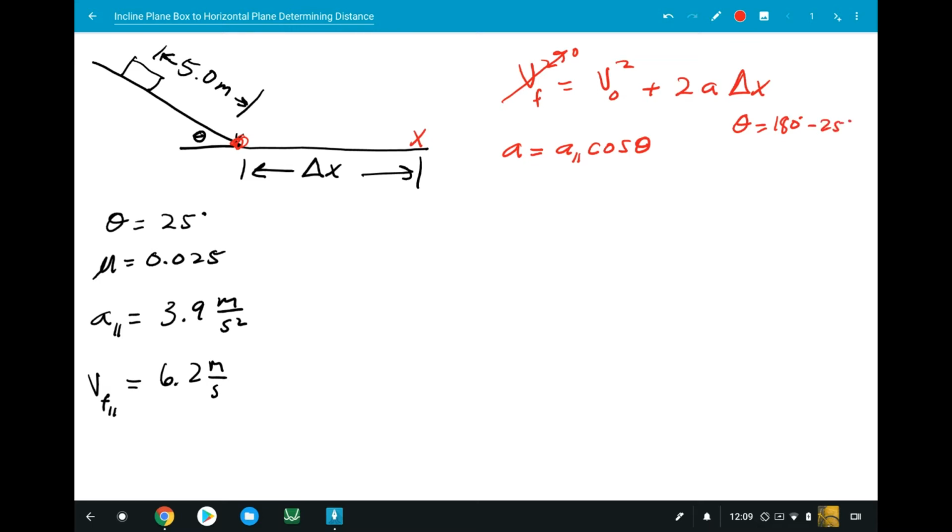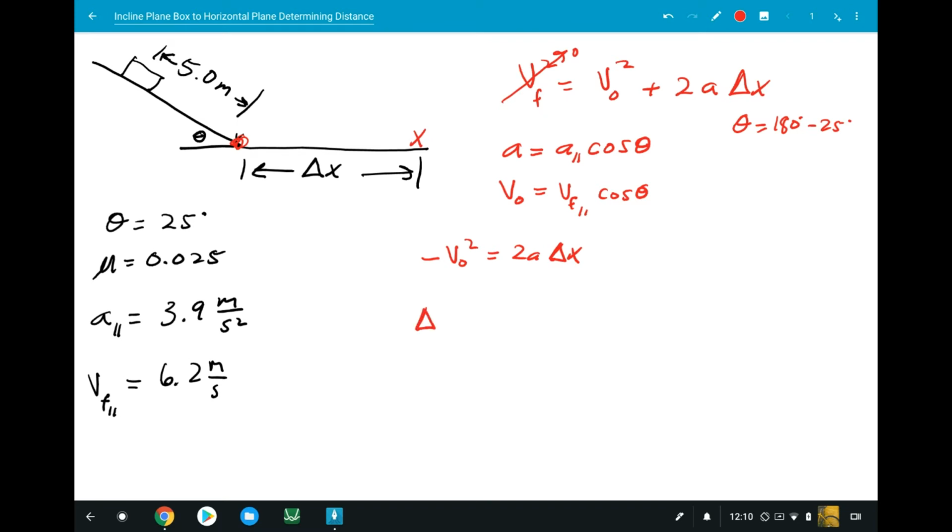The initial velocity is going to be equal to the final velocity parallel times cosine theta, because there is a change in direction and we want to take these into account. So doing a little algebra and rearrangement, you're going to determine that V initial squared equals 2a delta x.